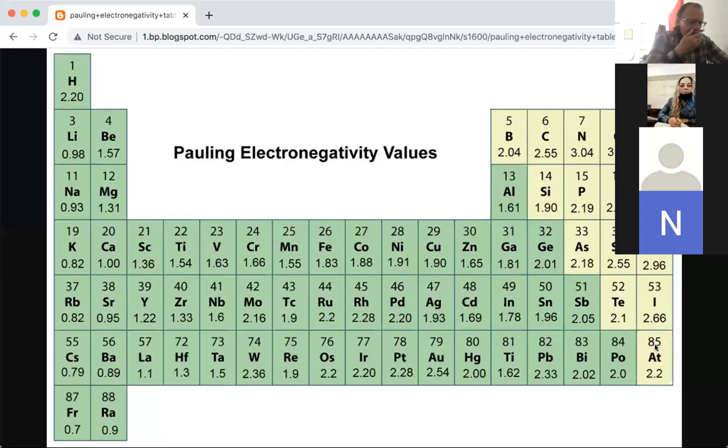Here we go. This one's a nice one. Okay, let me share this one. Every once in a while, you get one that's really nice. Do need a bigger screen. There we go. Okay, so here is the periodic table. It's not complete. Notice there's some elements that are not there.